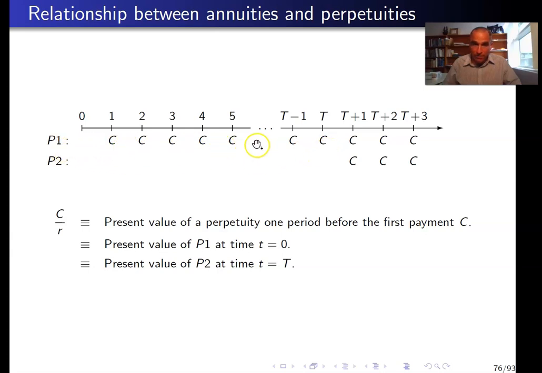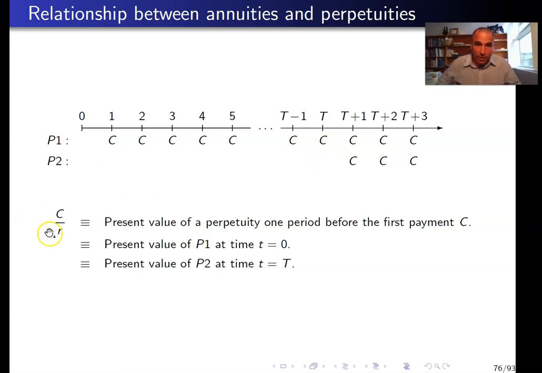If I take P1 and subtract from it what I've called P2, I removed from P1 all the payments C from time T plus 1 and after. So the value of P1 minus P2 should be equal to the value of an annuity making capital T payments of C over the next T years.